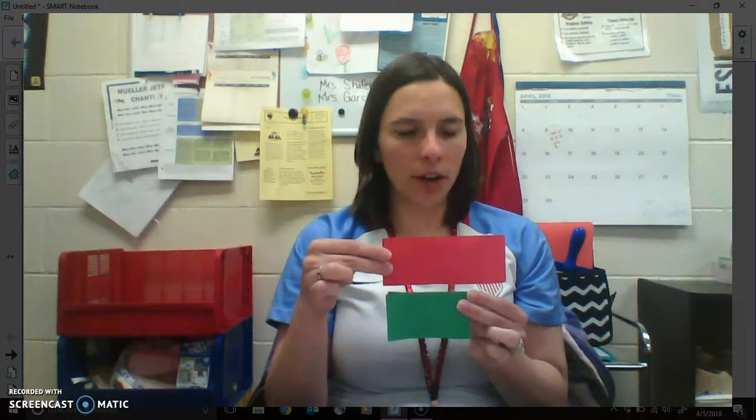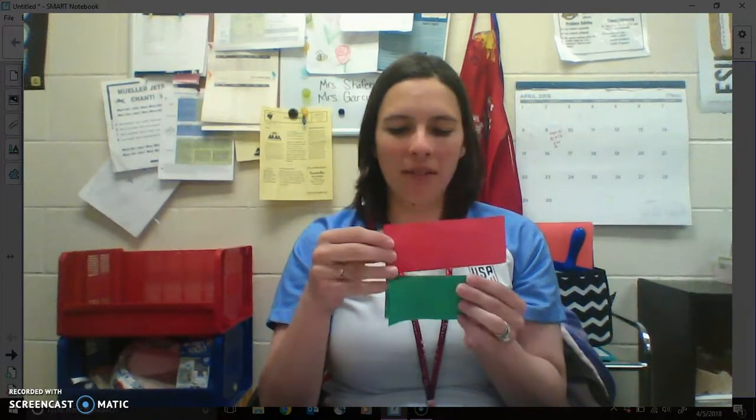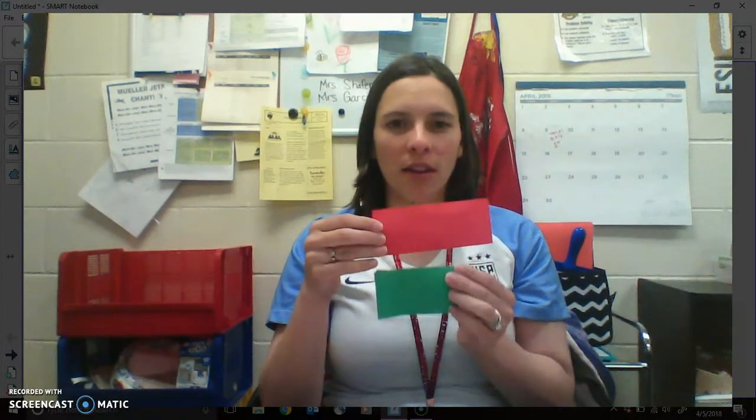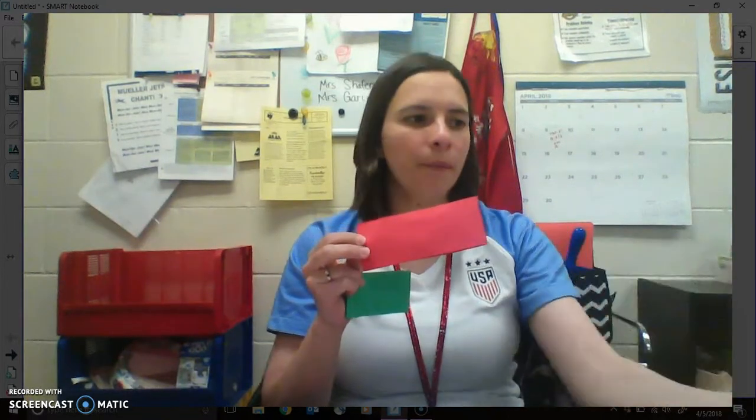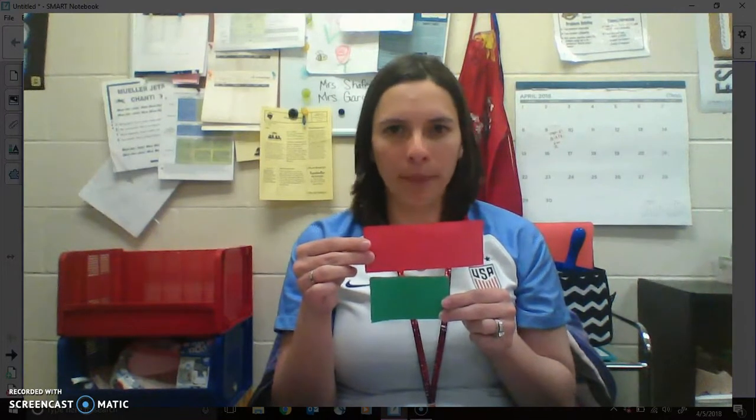Which one of these is greater? I just said 1/2 has a greater unit than our 1/3 fraction. How do you know that? Tell a partner. How do you know?